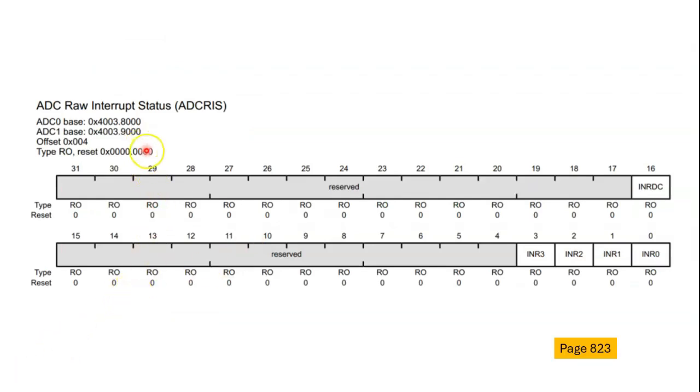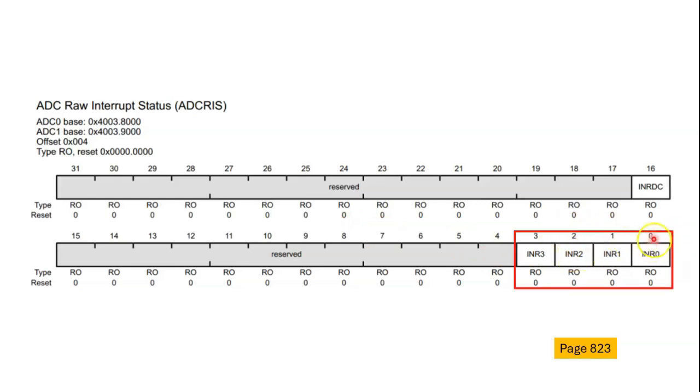Now, this is the ADC raw interrupt status register. Now, this register shows the status of the raw interrupt signal of each sample sequencer.